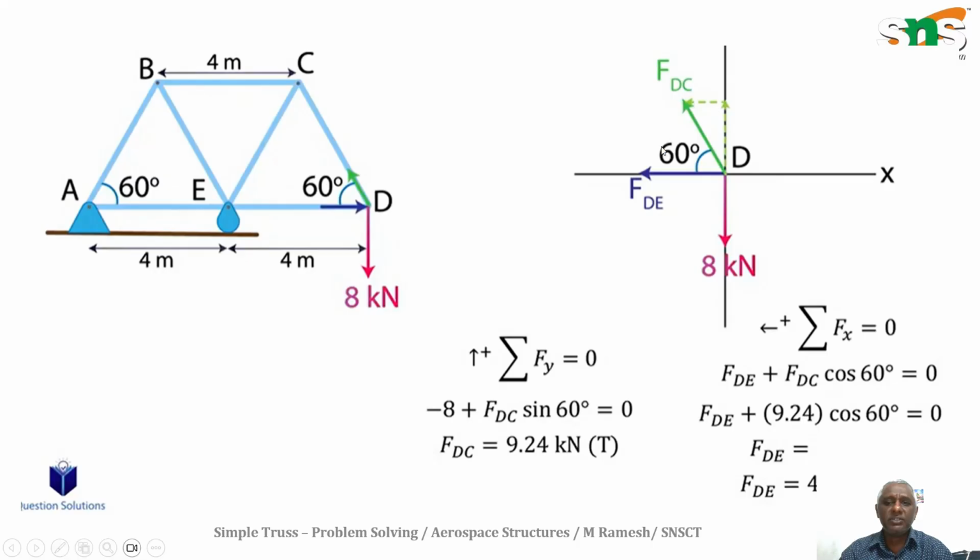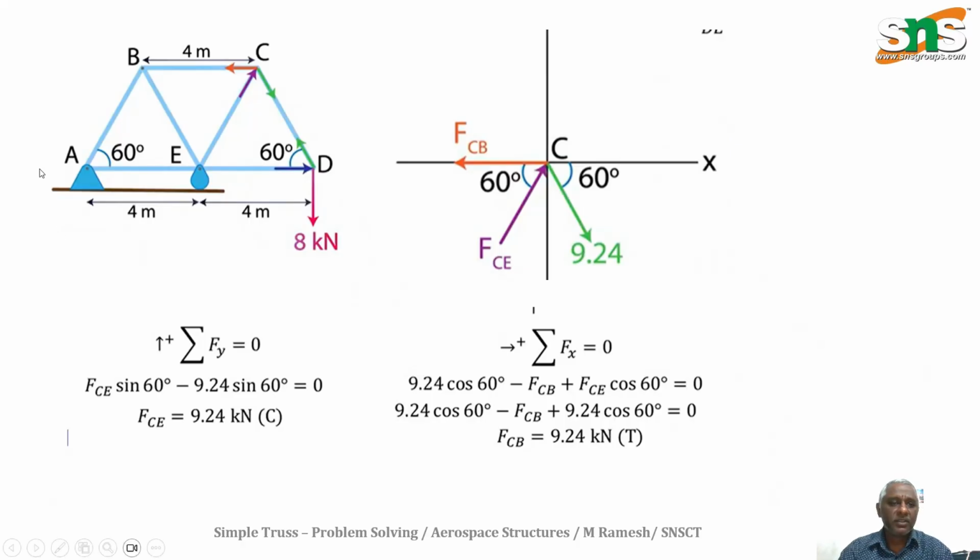The 8 kilonewton is purely vertical, so don't take it. Finally we get FDE as 4.62 kilonewton, which is a negative value. We assumed it was a tensile force, but it comes negative, so it should be a compressive force. That means the direction should be reversed, so the tensile becomes compressive.